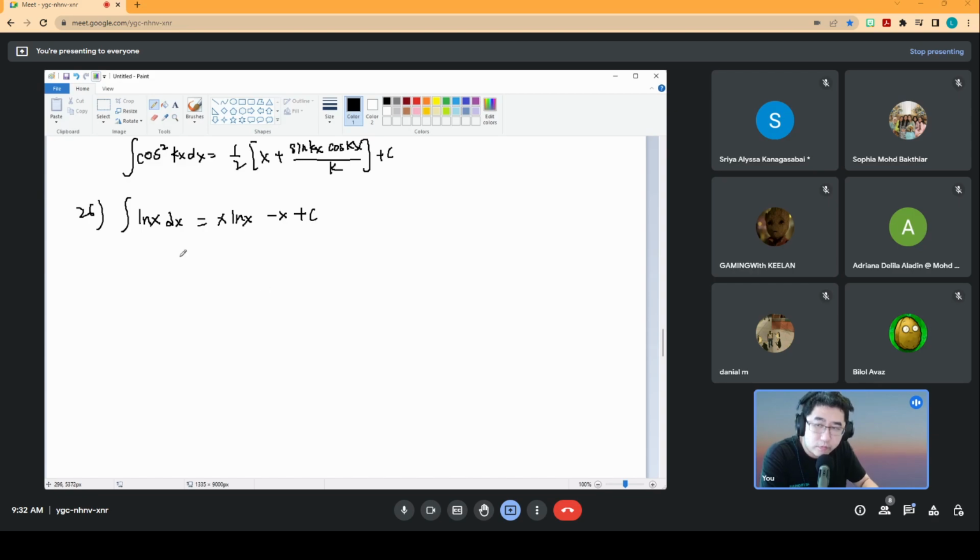Number 27, we have integrate of tangent x equals ln of modulus secant x plus c.